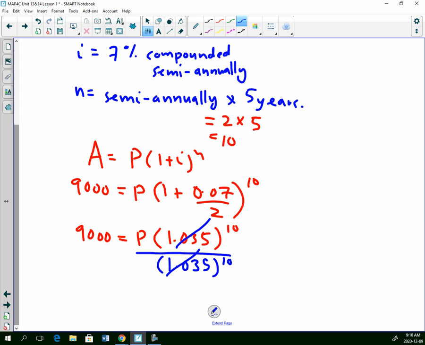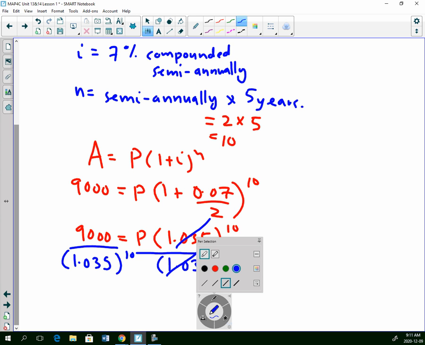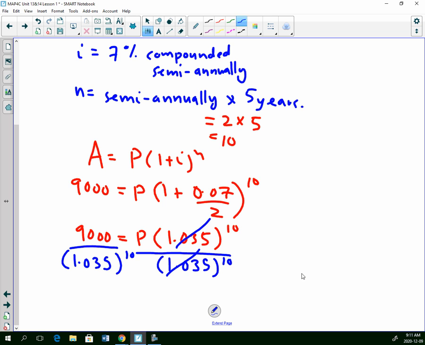We don't want that there. We want it over here. So I'll have to divide to get my answer, okay? That's why solving is important, because we'll need it to solve certain equations.